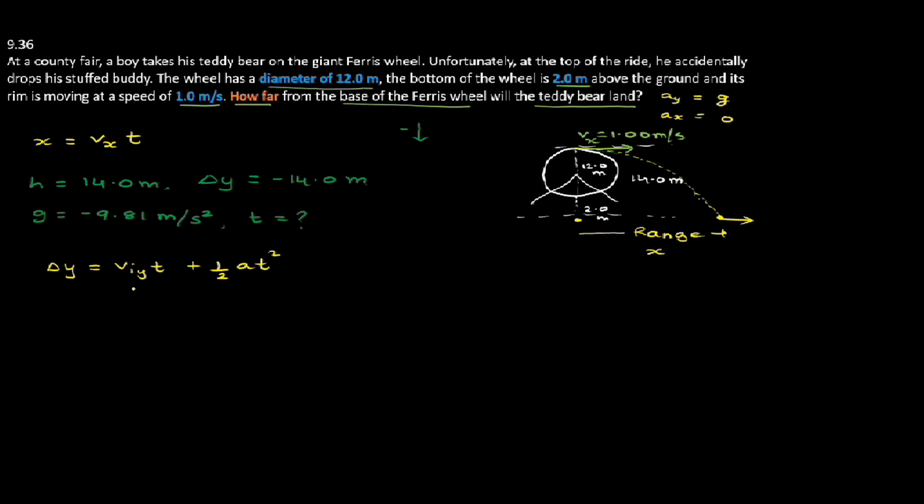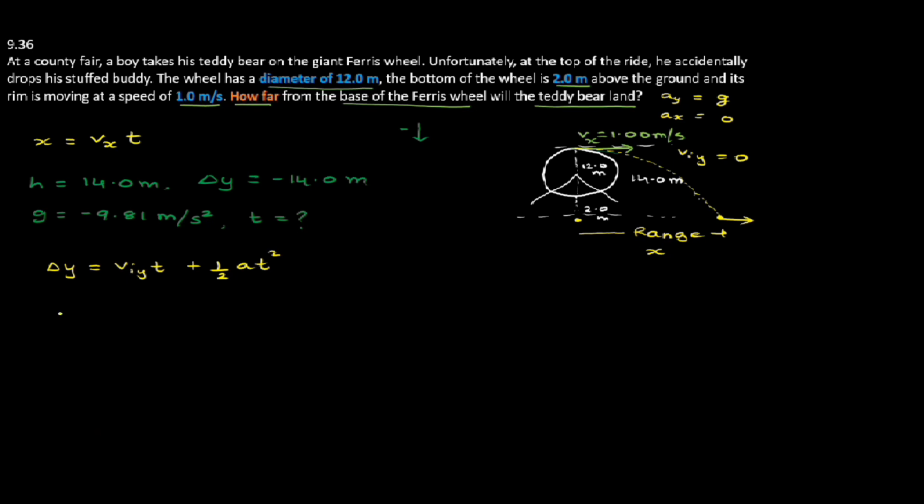Now initial velocity along the y-axis is 0, because when the teddy bear was dropped, there was only the x component of velocity, the velocity of the rim. So initial y velocity is 0, and when I multiply 0 with t, the whole term becomes 0.